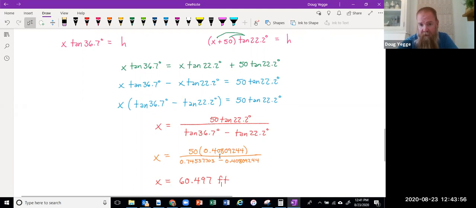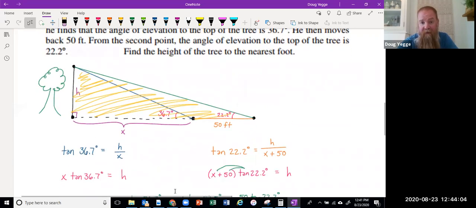When you go through the calculation here, this turns out to be an x value of approximately 60.497 feet. So that means that over here, this distance that he was away from the tree at the beginning was approximately 60 feet.